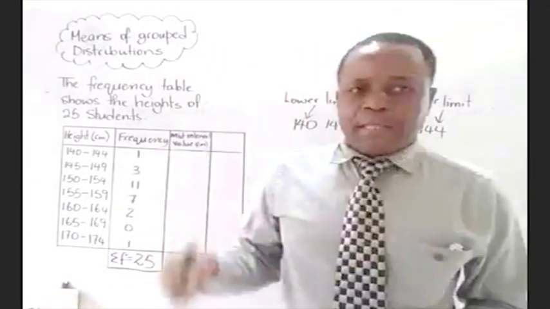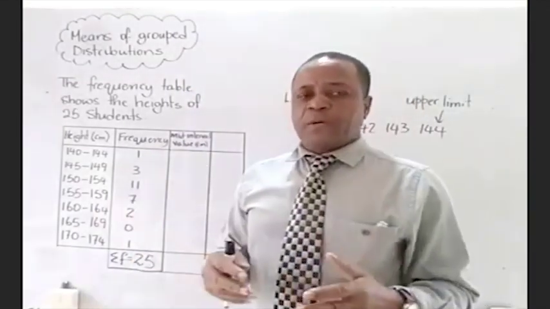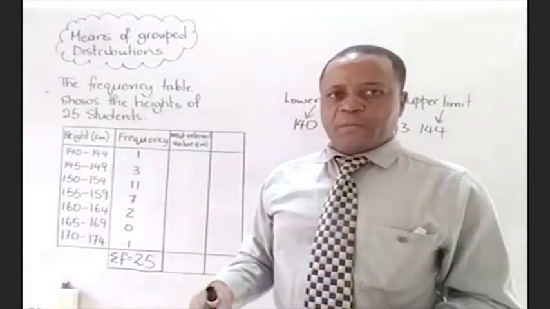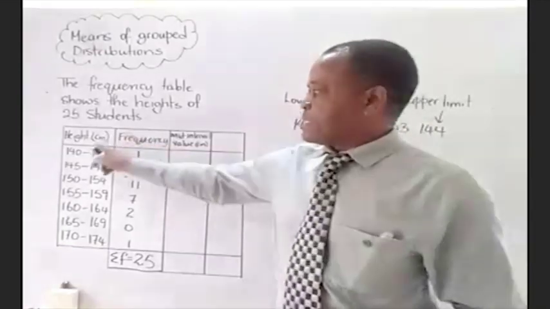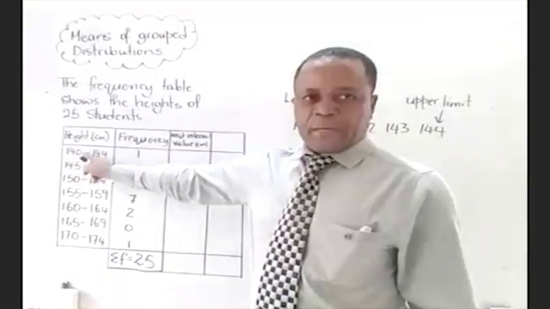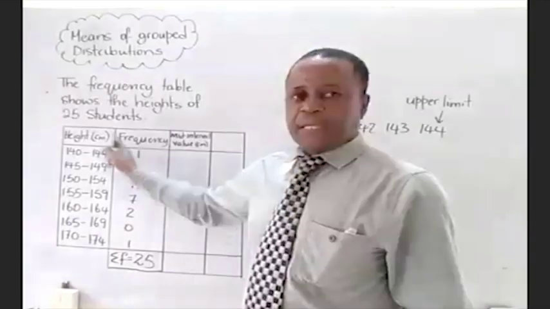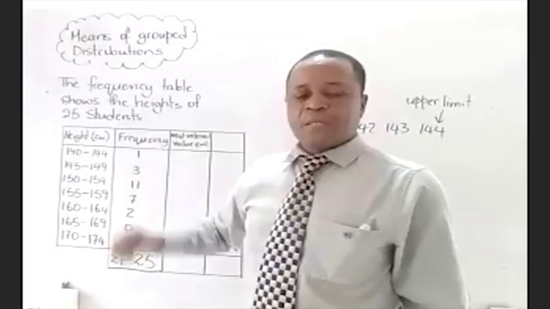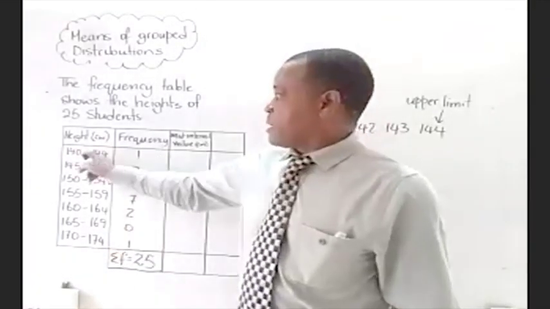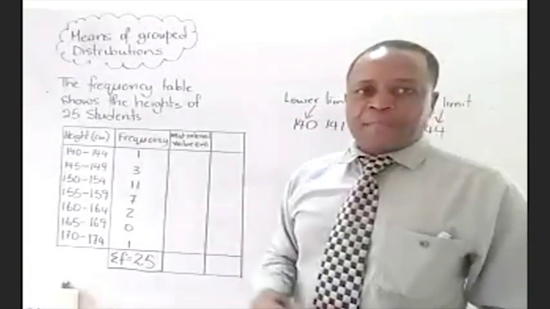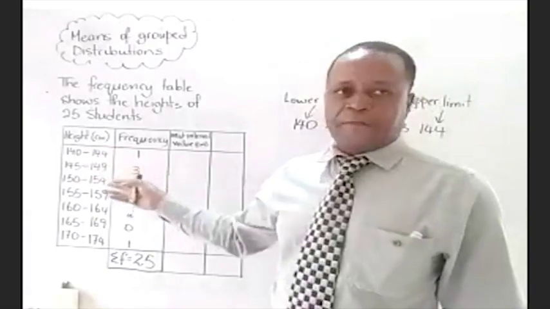Unlike when we did our calculation of the mean from the ungrouped table, where we knew exactly what number was there, and we could have gone ahead and multiplied the frequency times the scores, or the frequency times the measure. Unlike that, this is somewhat different.